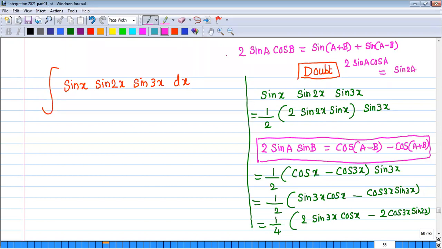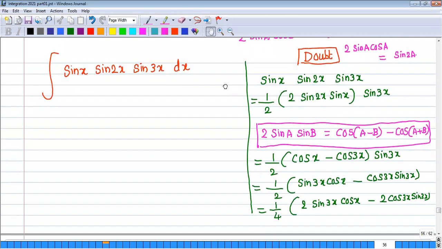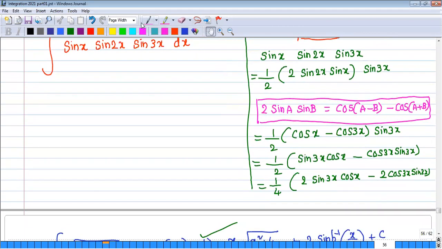So now this can be written 1 by 4 times sin of A plus B, 3x plus x, sin 4x, plus sin of A minus B, 3x minus x, sin 2x, minus this is sin 2A, where A means 3x, this is sin 6x.